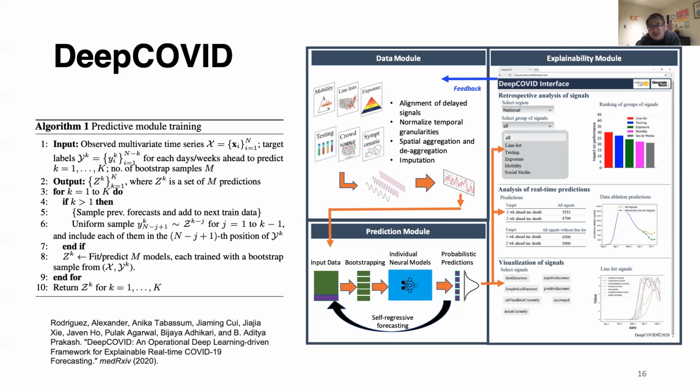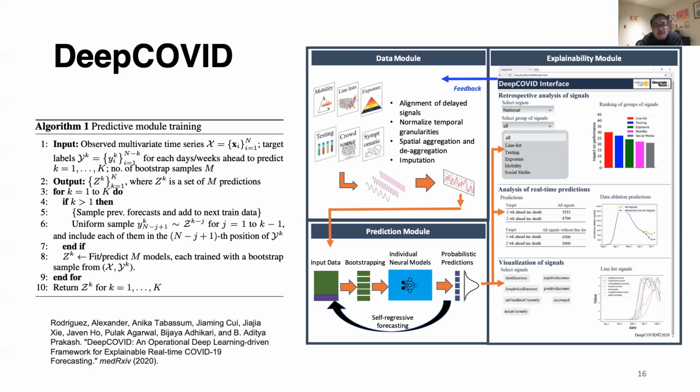The data module is dedicated to data preprocessing, such as imputation of missing values and aggregating at the right temporal and spatial resolution. And the prediction module generates probabilistic forecasts based on the curated data. Finally, the explainability module allows both real-time and retrospective analysis of forecasts to build intuitive explanations.